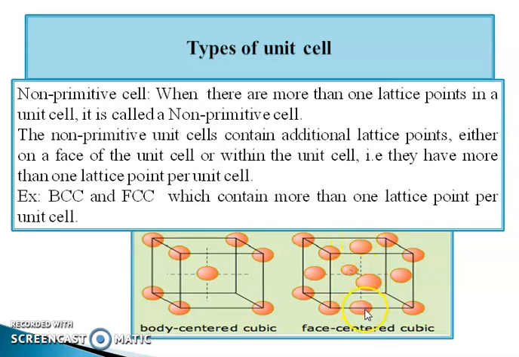This is on the bottom surface. This is on the left surface. This is on the right surface. This one lattice point is situated on the back face, and this one is on the front face. Such types of unit cells are called non-primitive unit cells.